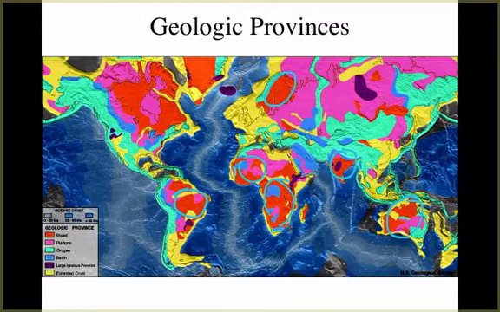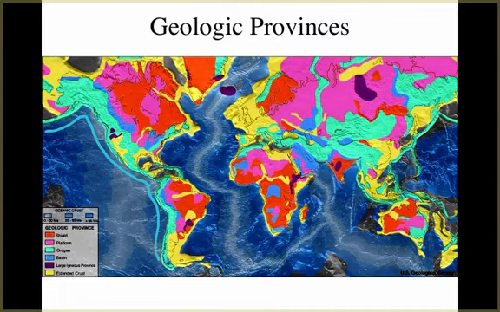And then surrounding that, these pink areas are the platform with sediments covering those ancient shields. And those are all surrounded by the orogens, the Aleutians, the Cordillera, the Andean orogens, the orogens in the South Pacific area along Japan, in the Mediterranean, and along the Alpine Himalayan belt.